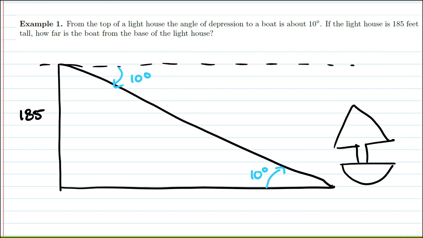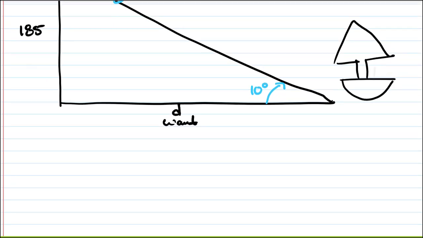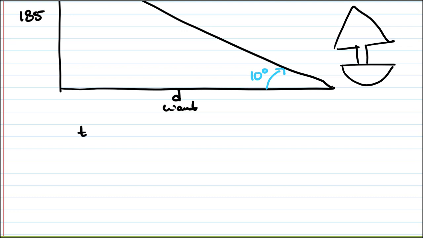So we now want to know this, so let's call this D, and that's what we want. So we have our angle 10 degrees, we have opposite, and we have adjacent. So then that tells us that the tangent of 10 degrees is equal to opposite 185 over adjacent, which is D.